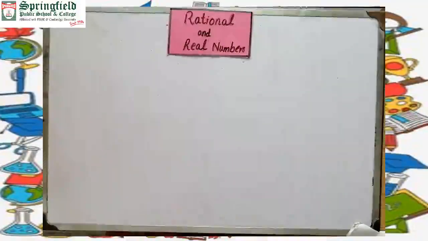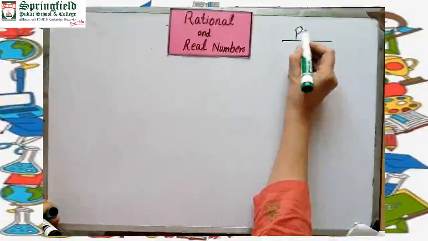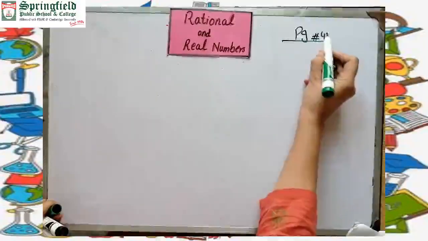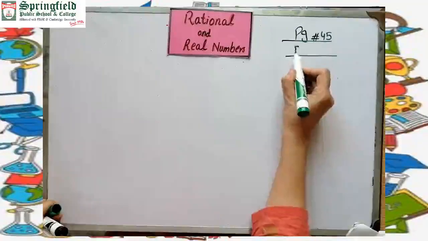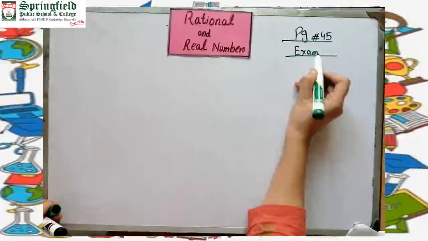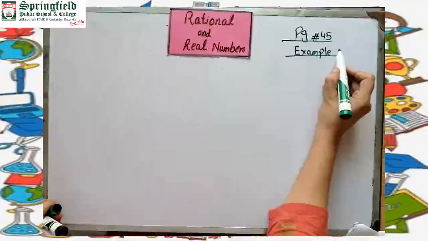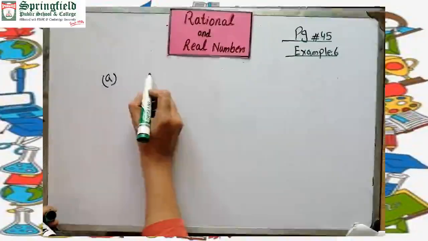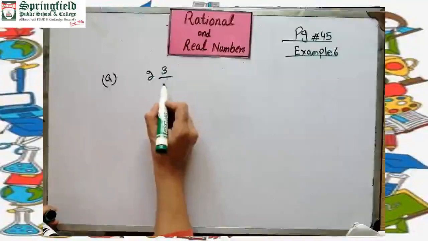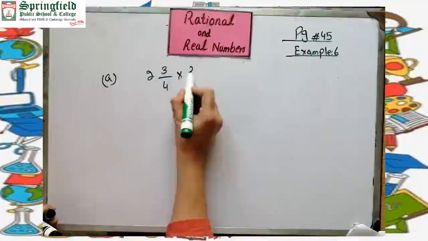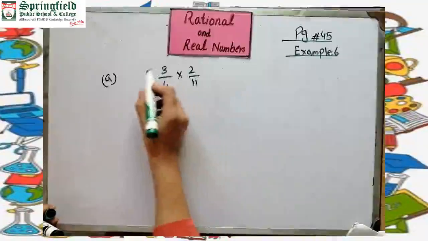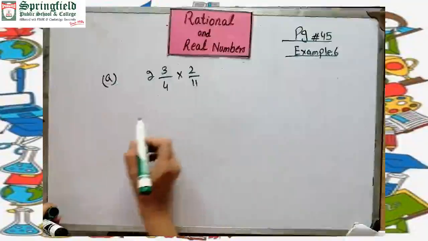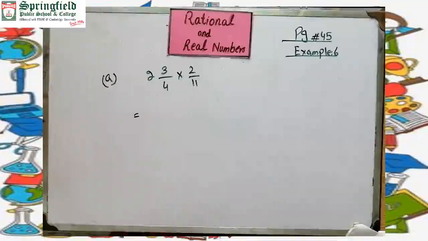Okay, the first part, example 6, page number 45. A part is 2 whole 3 by 4 multiply with a fraction. The first one is the mixed number and the second one is the fraction, and they are multiplied. So how can we find the final answer?